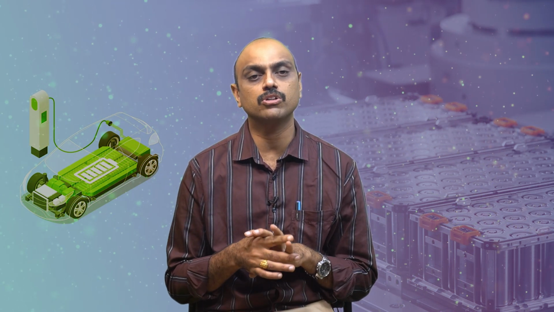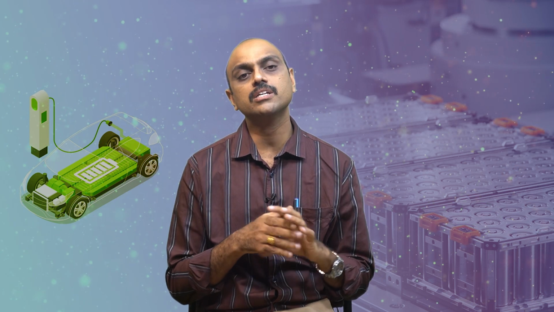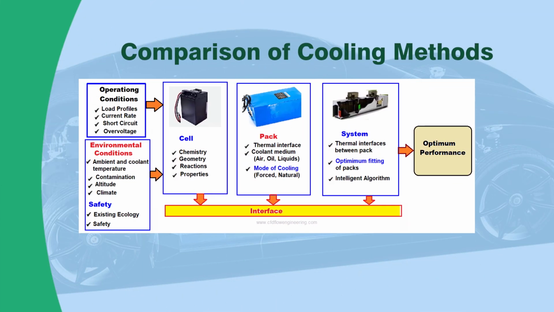Now, when we talk about the operating conditions, as already told, these include the load profile, which includes the current rate, the short circuit, and the over voltages. All these are also major operating conditions that are to be considered. The environmental conditions, which include the altitude and the ambient and coolant temperatures, should be considered, along with the contamination and all.